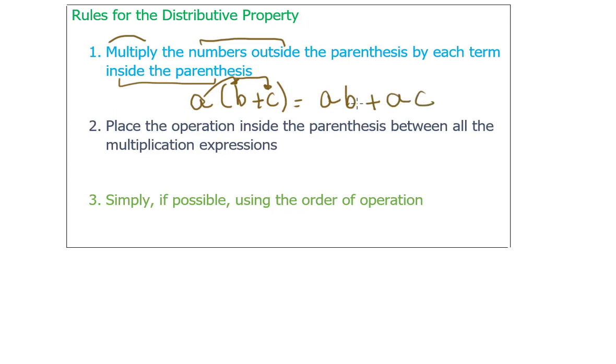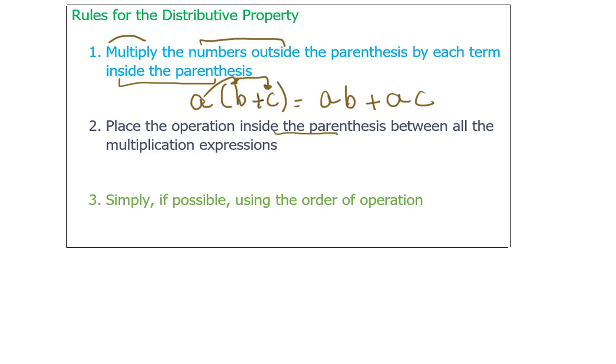And we are done. Then always place the operation inside the parentheses between all the multiplication expressions. Because we had a plus, we will keep the plus. But sometimes we might have a negative term that we are distributing to all the terms within parentheses, and we will see it in a later example.